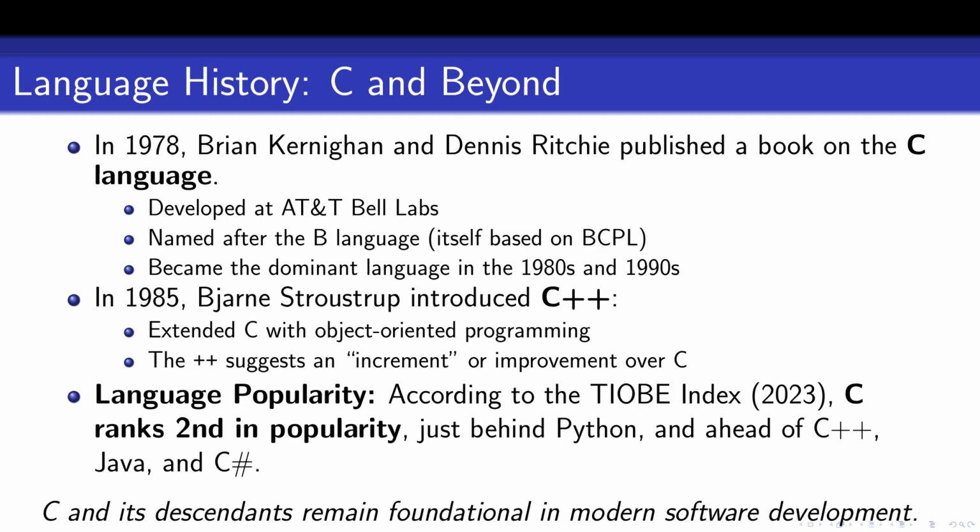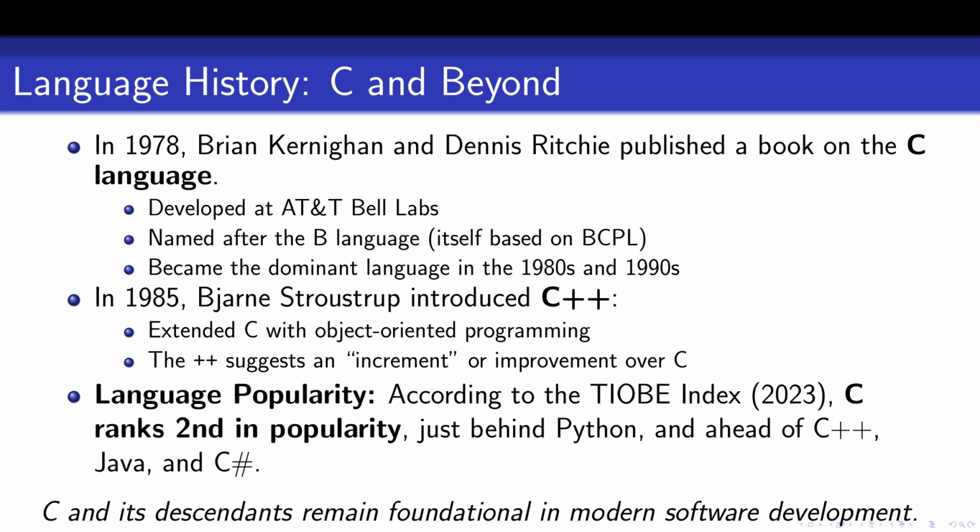Let's now take a brief look at the history of the C programming language itself. In 1978, Brian Kernighan and Dennis Ritchie, working at AT&T Bell Labs, published a book about a new language they developed called C. It was based on a previous language named B, which itself came from BCPL.